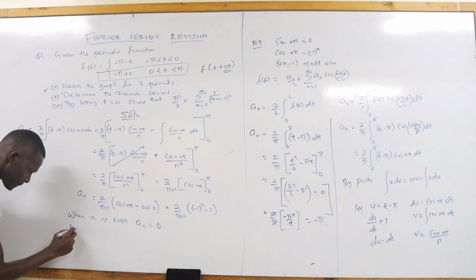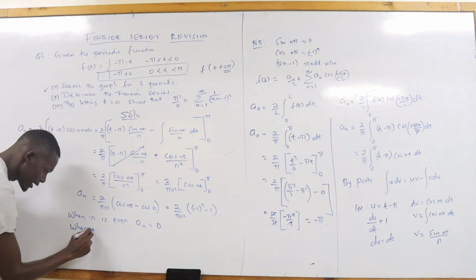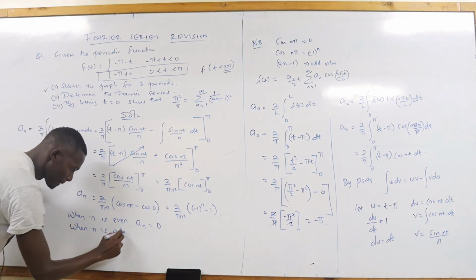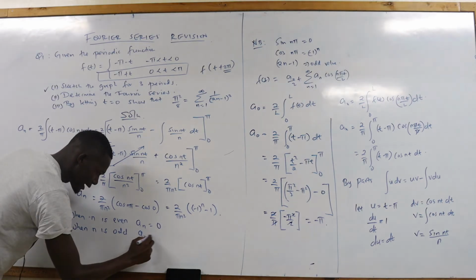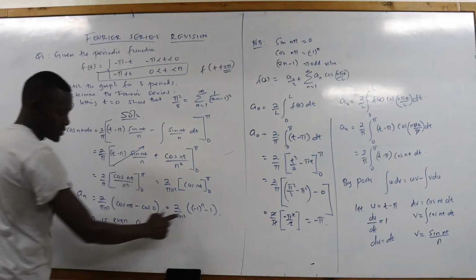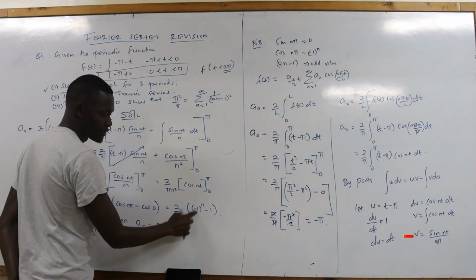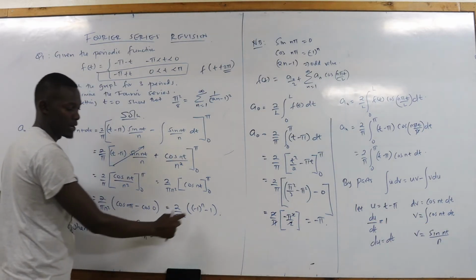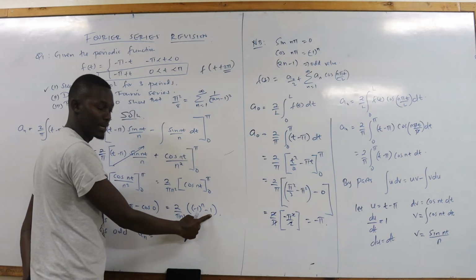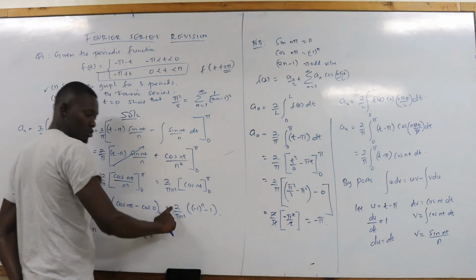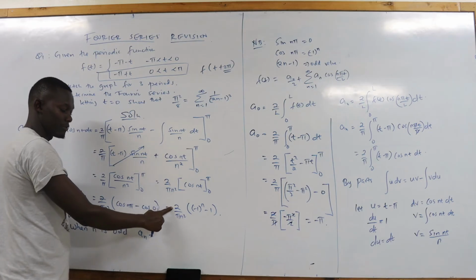Then when n is odd, what will be the general value of an? Let's say a value of 1. -1 raised to the power 1 is -1. -1 minus 1 is -2. -2 times 2 gives us -4.